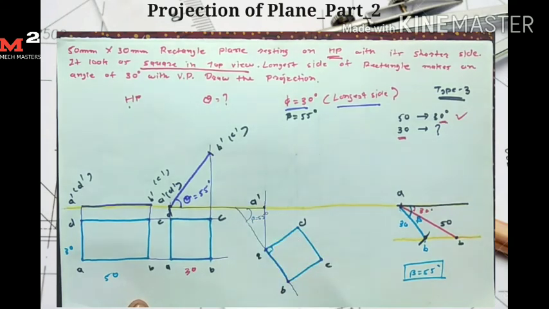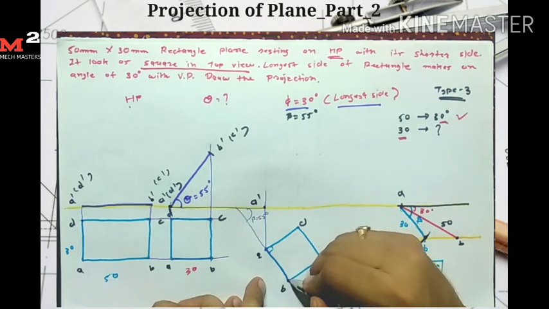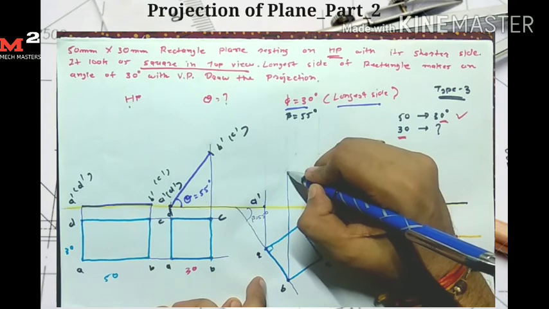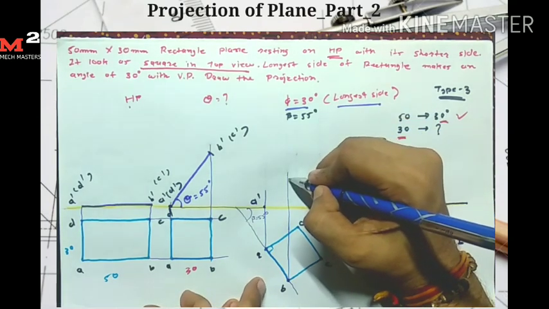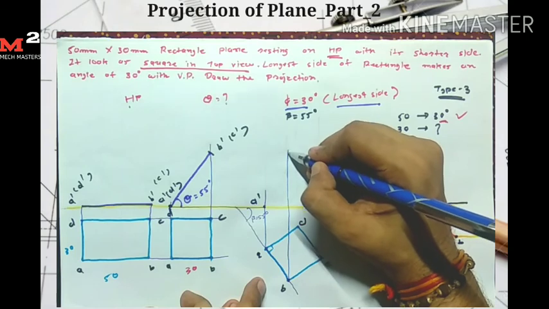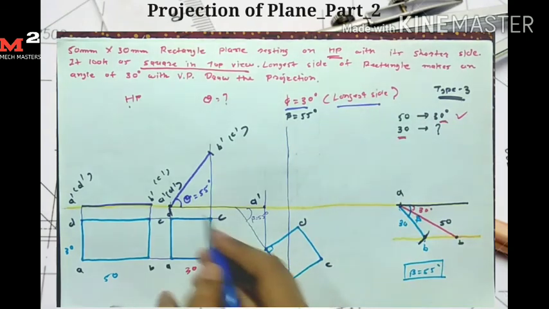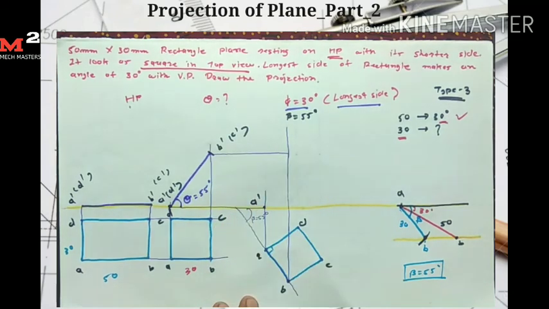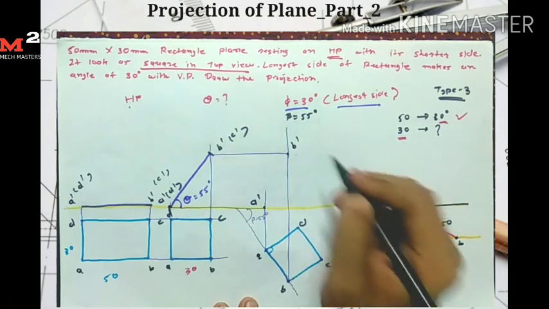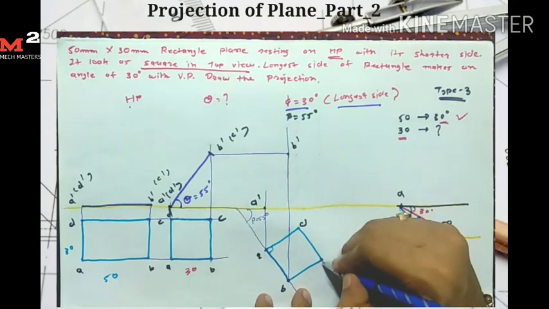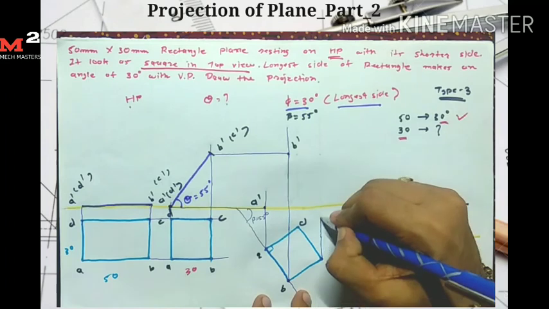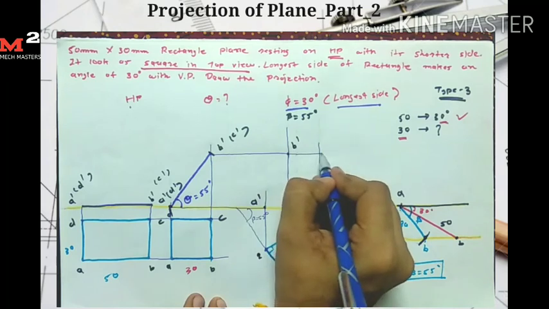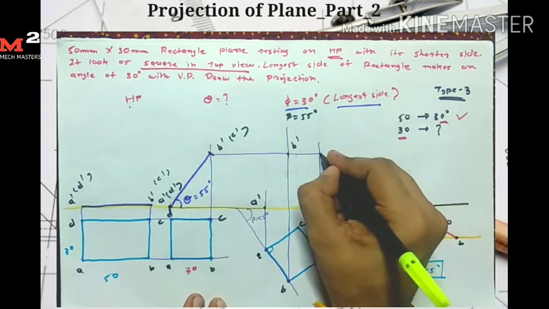Now for point B I take the projection from here and from here, so I get my point B dash here. Now for point C dash I take the projection from here and from here, so I get my C dash point here.